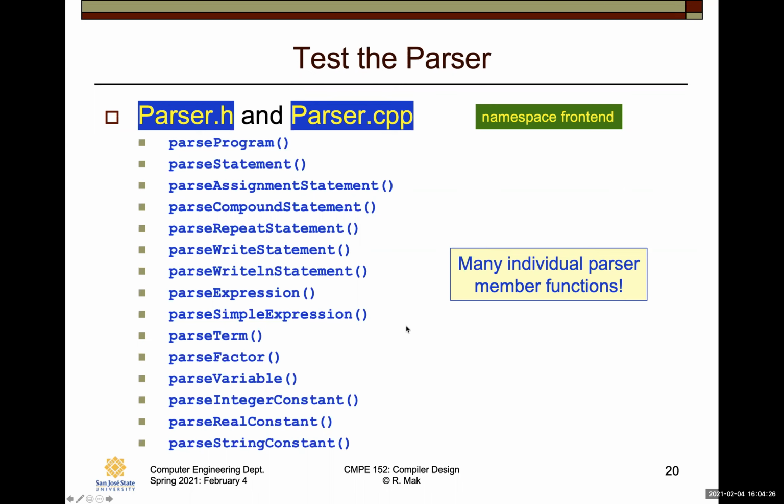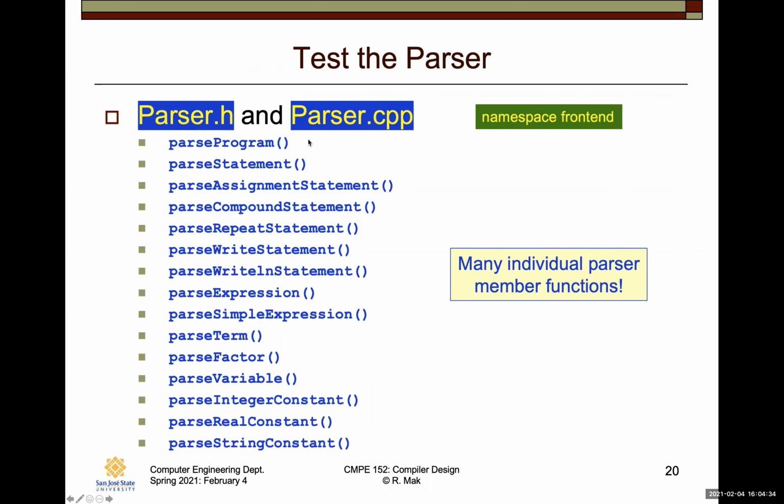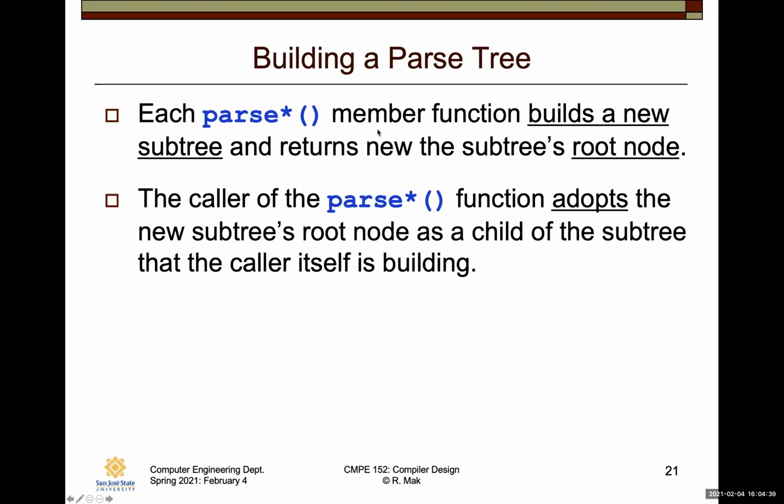Okay, because again, we're still in the front end namespace. All right, so we have a whole bunch of these parse member functions, which I just said parse star. And what does each one of them do? Well, each one of them will build parts of that parse tree.